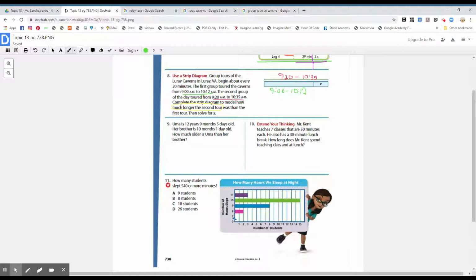And what we're going to do now, boys and girls, is we're going to change this time into hours and minutes. So if we started at 9 o'clock and it finished at 10:12, we need to convert that. From 9 o'clock to 10 o'clock is 1 hour. And we still have those 12 minutes left. So 1 hour and 12 minutes, boys and girls.